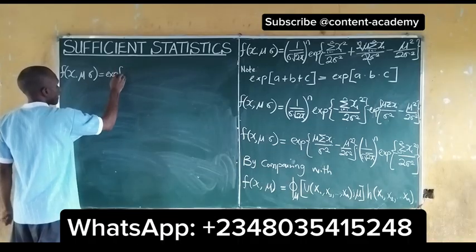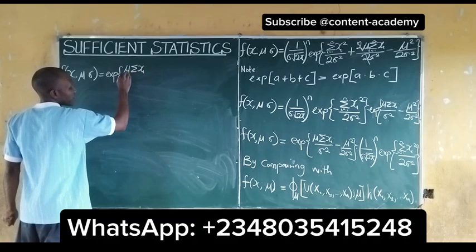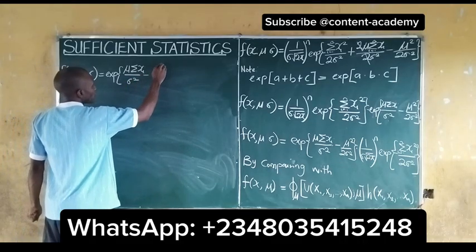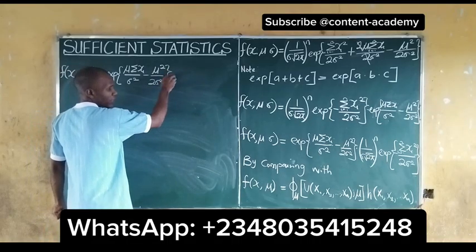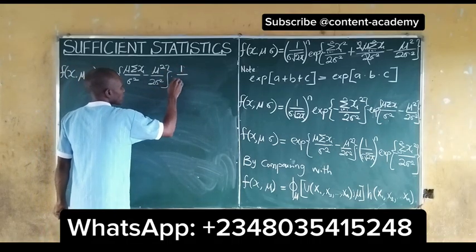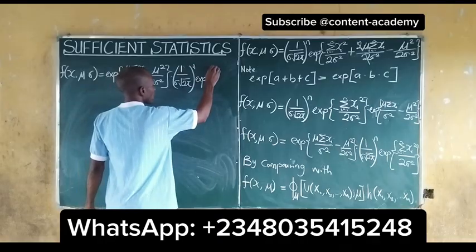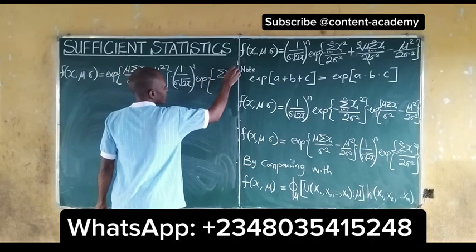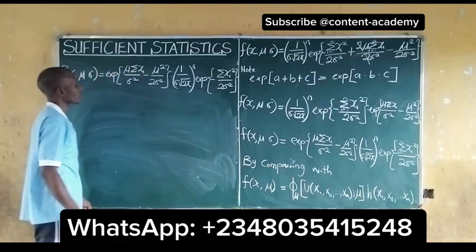Exponential mu summation of xi all over sigma squared minus mu squared all over 2 sigma squared, multiplied by 1 all over sigma square root of 2 pi raised to the power of n, exponential negative summation of xi squared all over 2 sigma squared. So this is what we get.